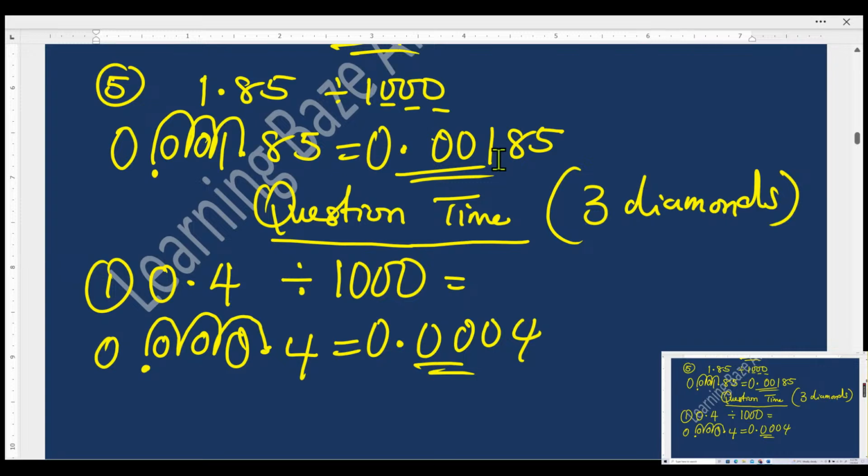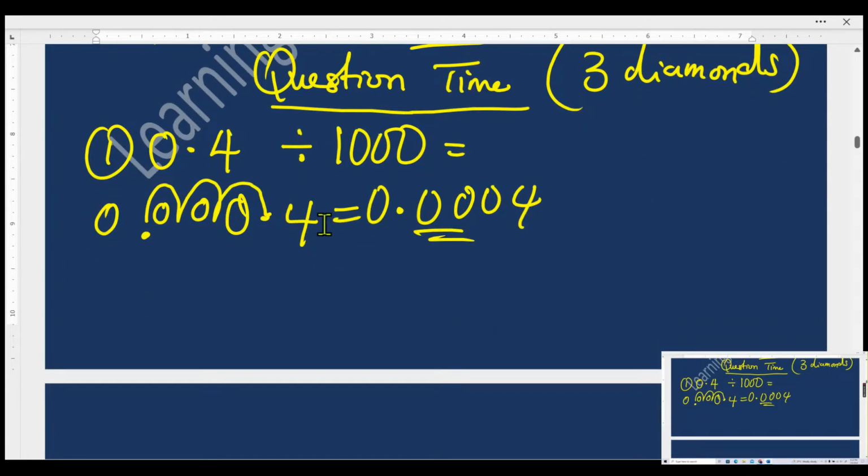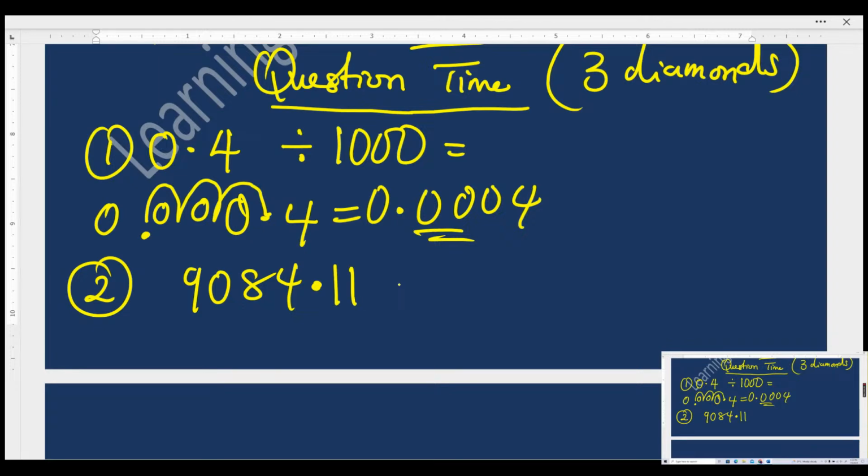Now I'm having another question for everyone. This is the next question. So what is 9084.11 divided by 100? By now you should just type your answer.